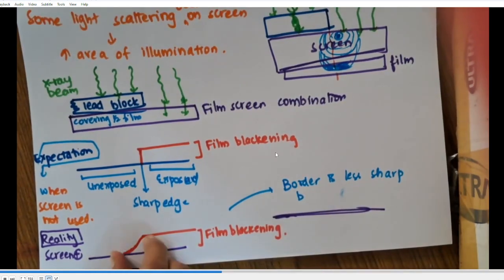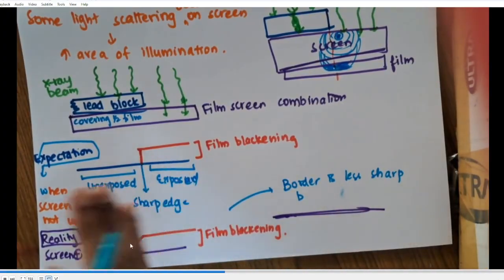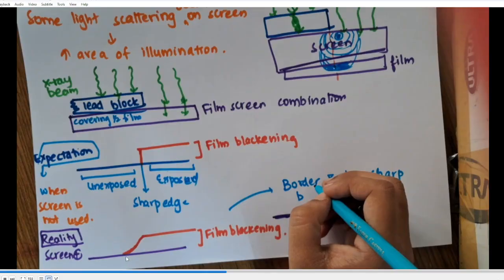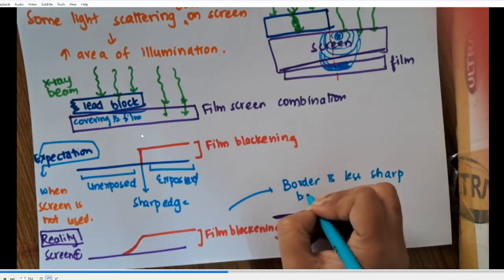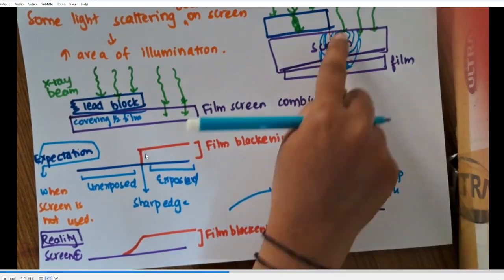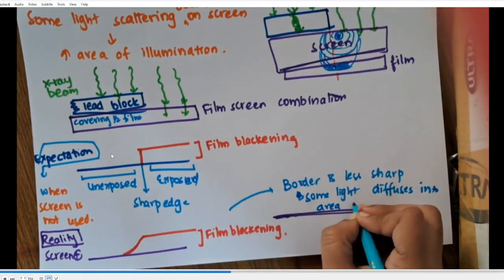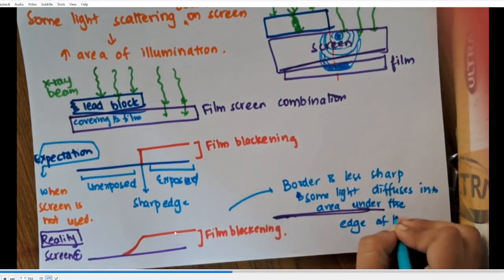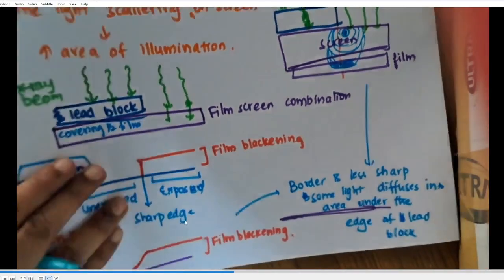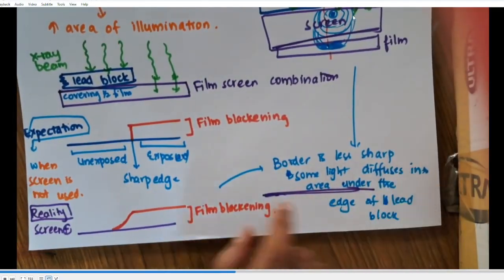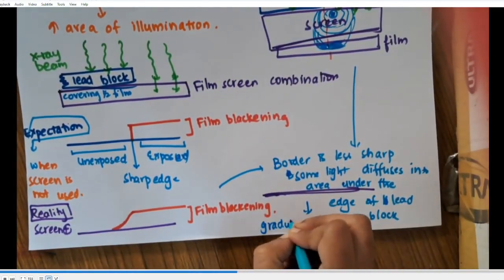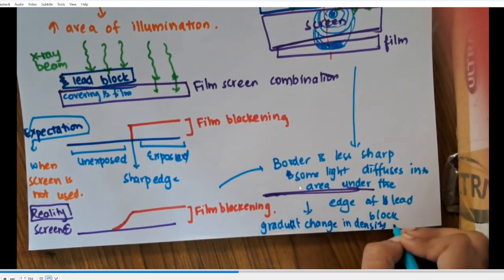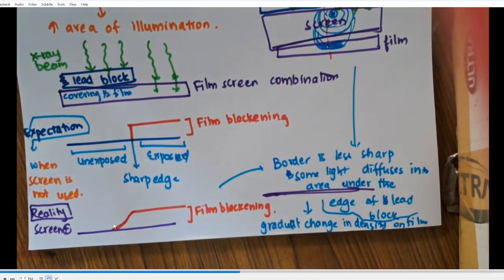So this light is diffused under the edge of the block, and the final result will be production of a more gradual change in density, unlike the ideal or abrupt transition from black to unexposed film. So the border is less sharp because some light diffuses into the area under the edge of the block. So there is a gradual change in density of the film.